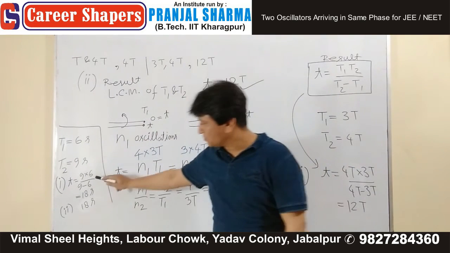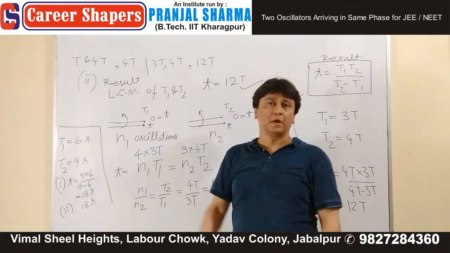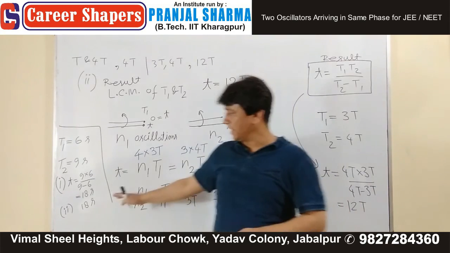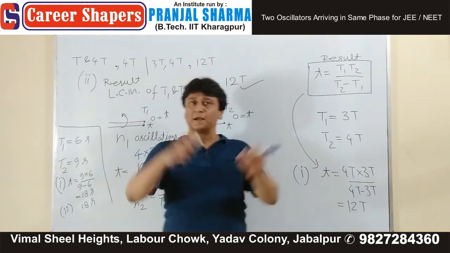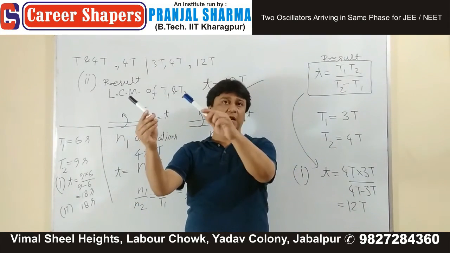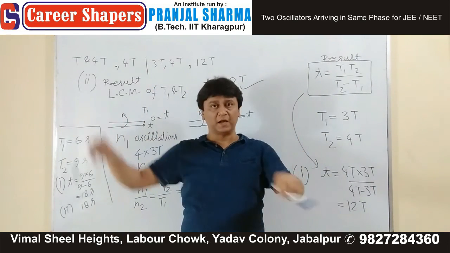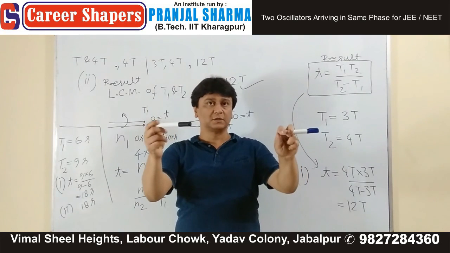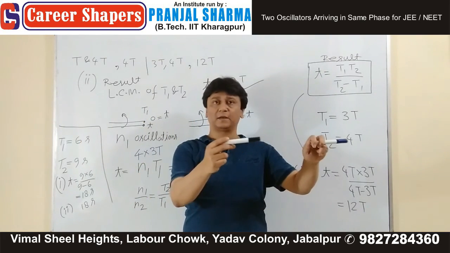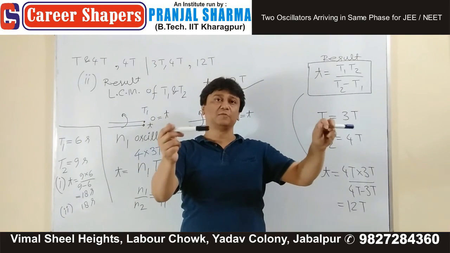And since both are same, before 18 seconds, it never happens that they are like this. They are in same phase once they are back at the respective mean positions.